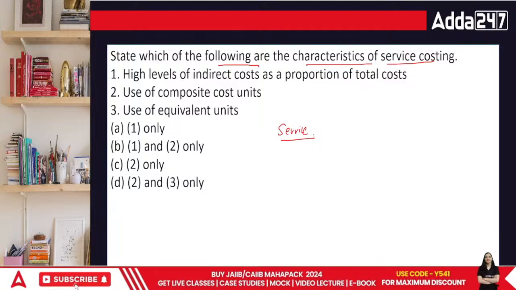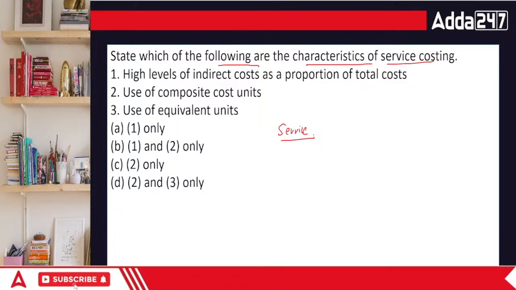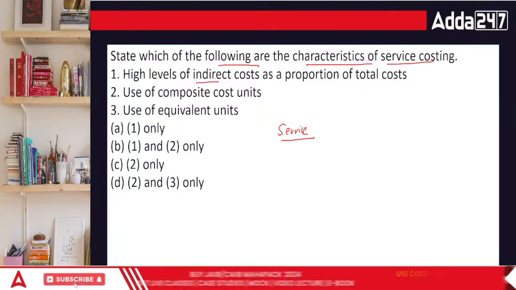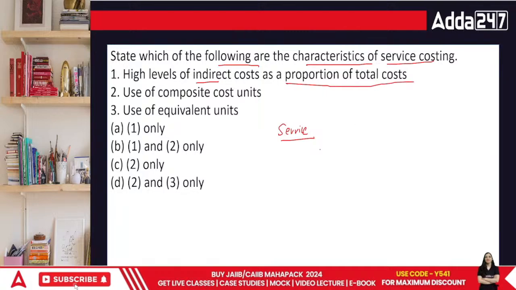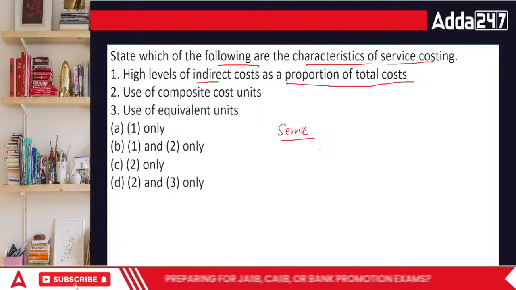It's hard to find. People are giving time to it, and then you have to find the value of it, hai na? So, high levels of indirect costs as a proportion of total cost. Indeed, they have more indirect cost because there is no direct cost, because there is no production.